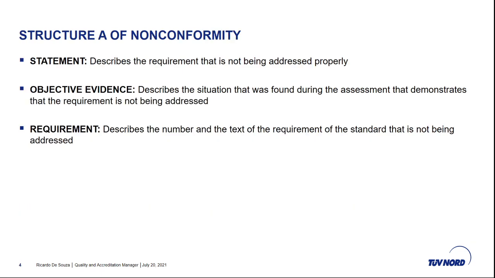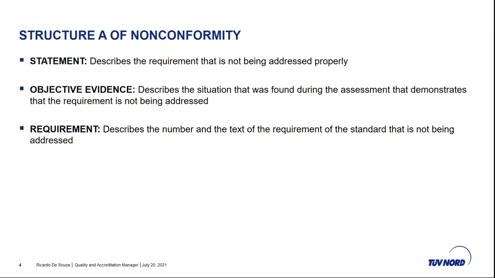So, the structure of a nonconformity. For anyone who has to address a nonconformity, it is important to understand the problem. So we have this structure. The statement of the nonconformity describes the requirement that is not being addressed properly.